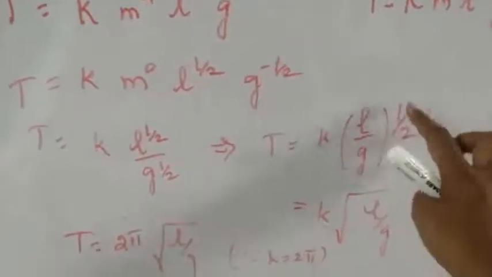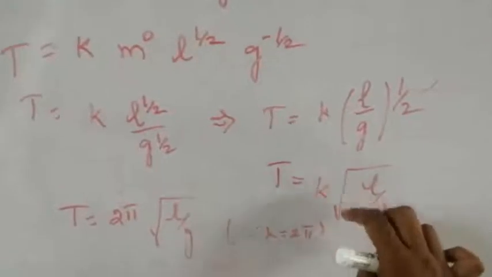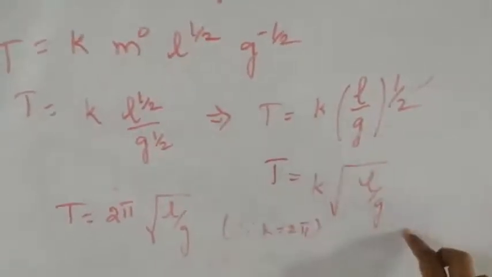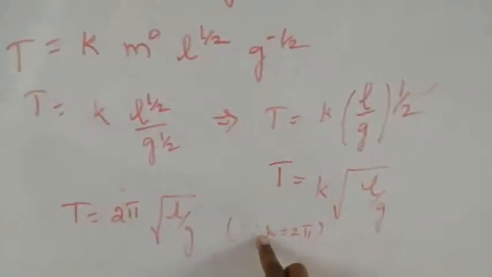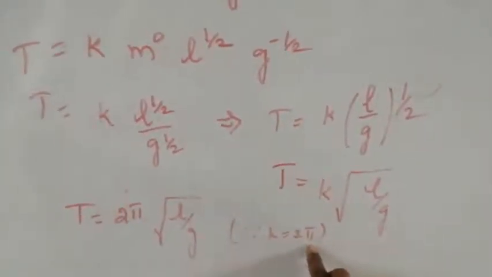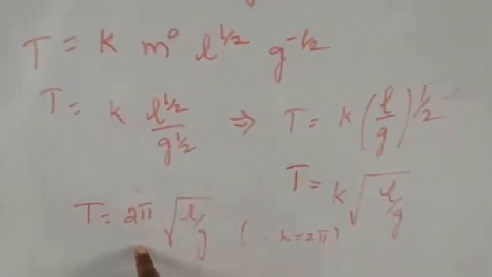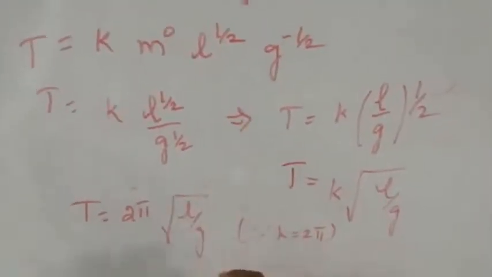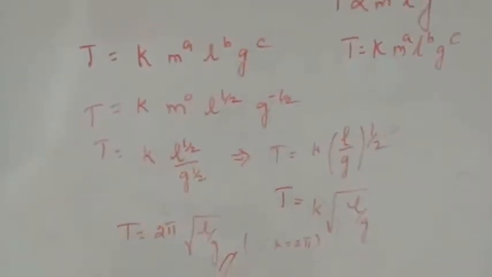So remove this 1 by 2 and write it as root. Then T is equal to k into root of l by g, which is the time period of a simple pendulum. They have given that the value of constant k is 2 pi in the question itself. So instead of k, you write 2 pi. So time period T is equal to 2 pi root of l by g. This is the equation for the time period of a simple pendulum. I hope you have understood.